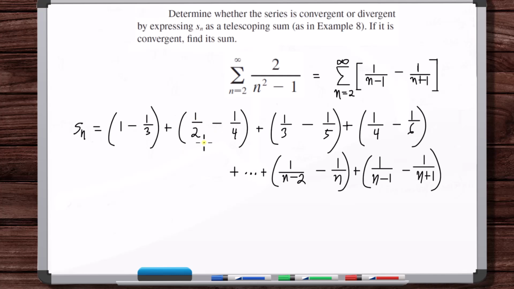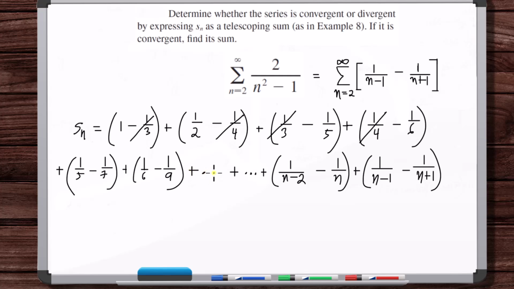All right, now it's going to be telescoping because there's a lot of canceling that goes on in the middle, and you're just left with a few terms from the beginning and a few terms from the end. So, okay, let's do this so we can see it. Plus 1/5 minus 1/7 plus 1/6 minus 1/9, okay, like that.